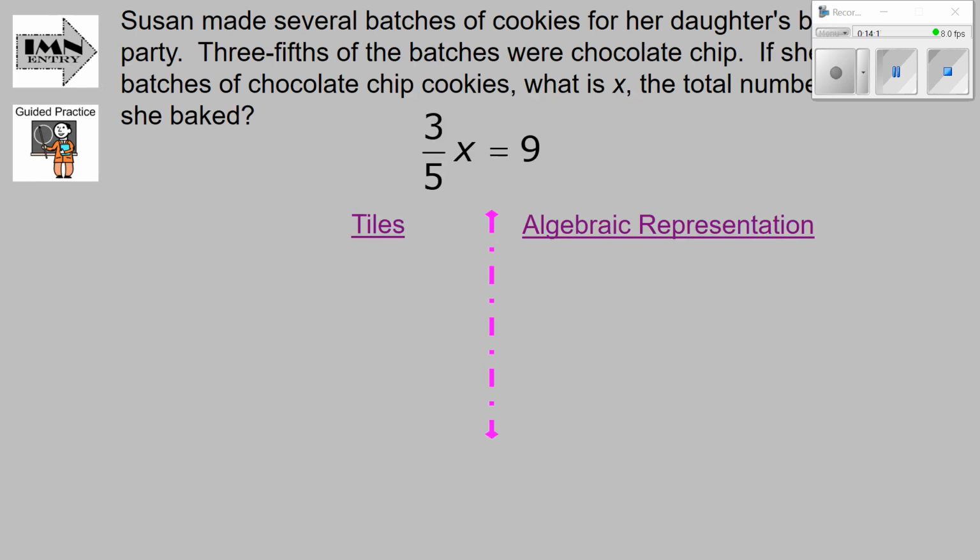Sorry, guys. x is fifths, right? 3/5. So that means that I need to go like this, 3/5. Okay, if 3/5 is 9, that means right here, these are 9.